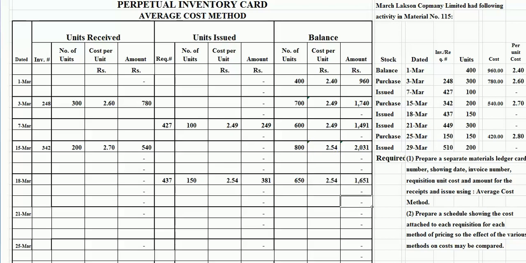Students, again on 21st March, the material units are issued to production. The requisition number is 449, and the number of units is 300 units, and the rate is the same. Now the inventory balance is 650 minus 300 units.